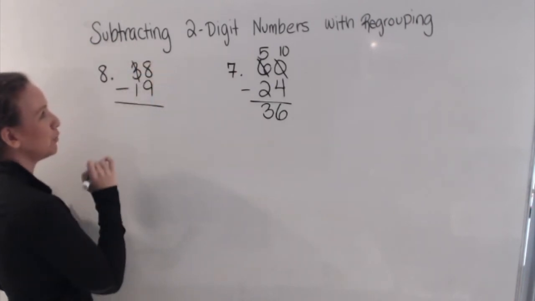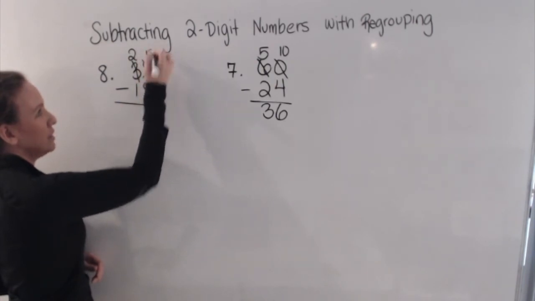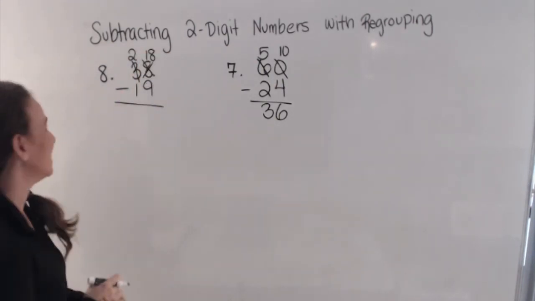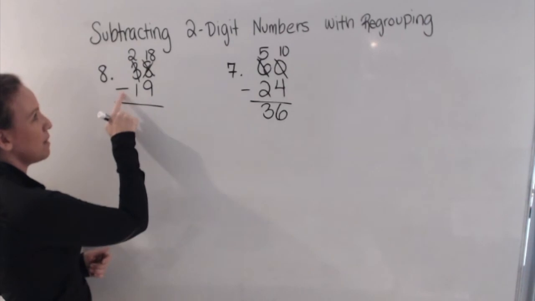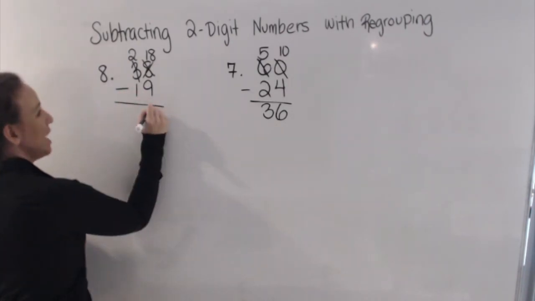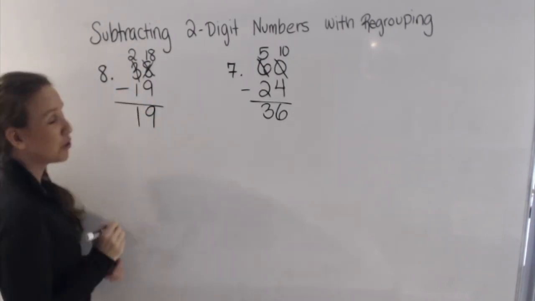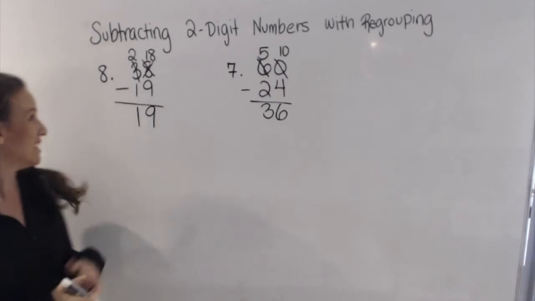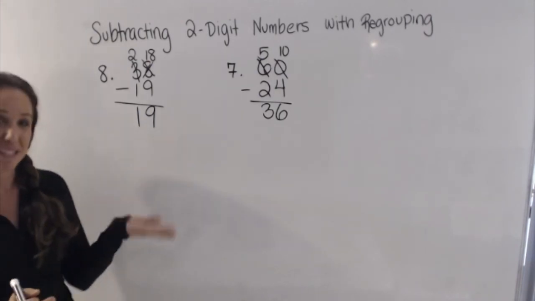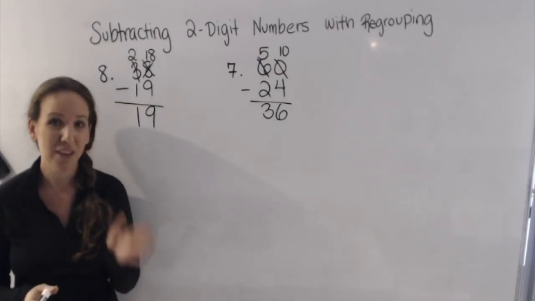I'm going to borrow from the 3 and give it over to the 1s, making that 18. So 18 minus 9 is, that's right, 9. And 2 minus 1 is 1. So 38 minus 19 is 19. In fact, 19 plus 19 is 38. It's a double.